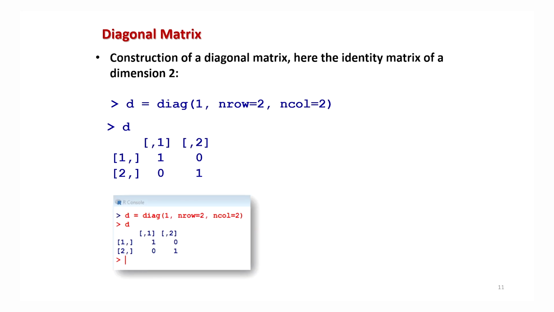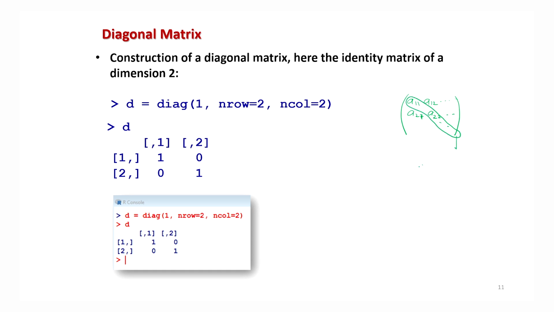And suppose you want to create a diagonal matrix. For example, an identity matrix is a diagonal matrix in which all the diagonal elements are 1 and off diagonal elements are 0. What are the diagonal and off diagonal elements? If you take a square matrix and write down elements like A1,1, A1,2 and so on, A2,1, A2,2, etc., then this is the diagonal.